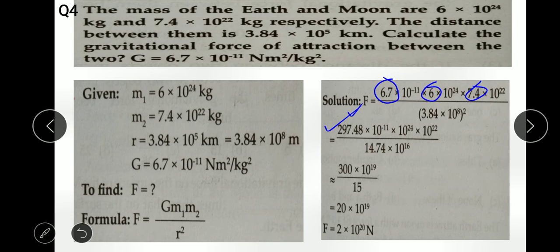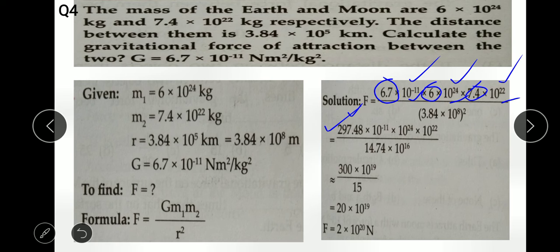Now we deal with 10 raised to minus 11, 10 raised to 24 and 10 raised to 22. Here 22 plus 24 will become 46, and 46 minus 11 will become 35.